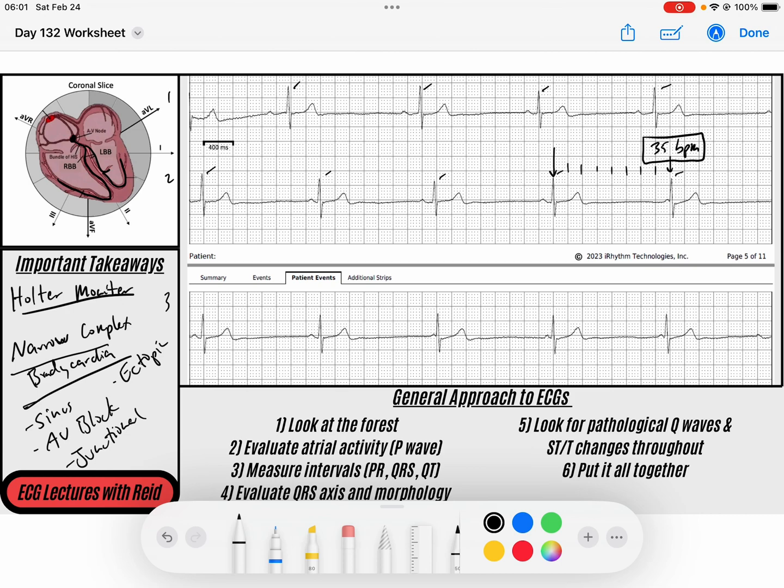So the next thing we need to do is figure out what the atria are doing. You see that we have P waves in front of my QRSs. And if I look in between each beat, I look for extra P waves, because we said we might be thinking AV block. Well, if it's a high-grade AV block, like a second degree or complete, there should be P waves that are not in front of QRSs.